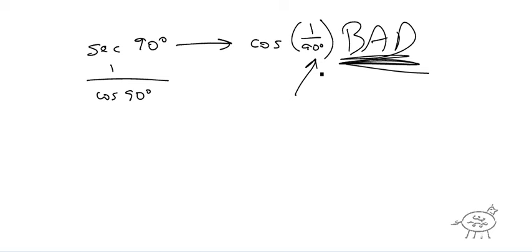It's saying let's take the cosine of 1/90th of a degree. 1/90th of a degree and 90 degrees have no relation at all. It's completely random, so that is really bad to do. You want to do 1 over cosine of 90. That's super, super important.